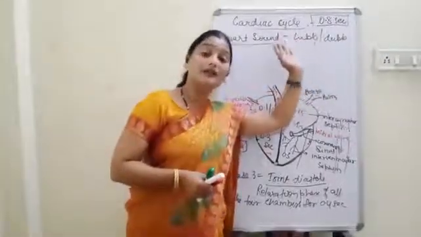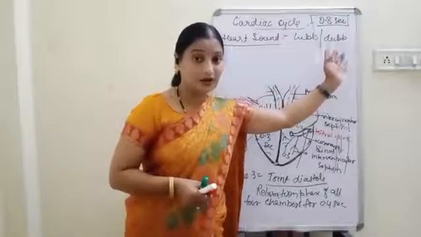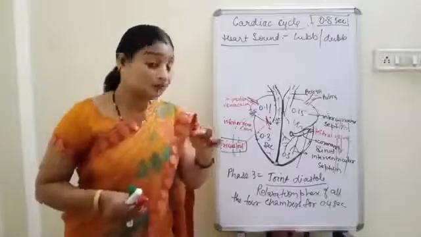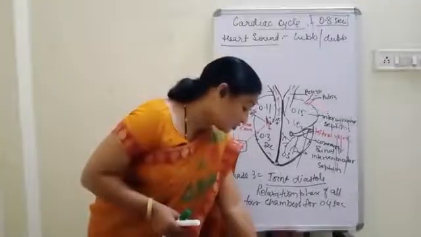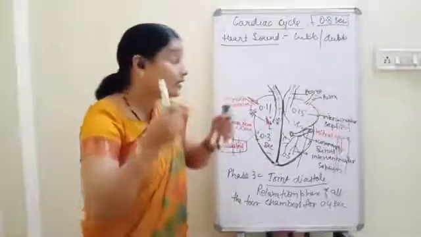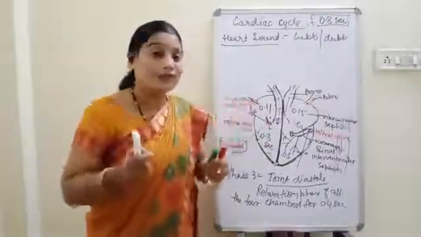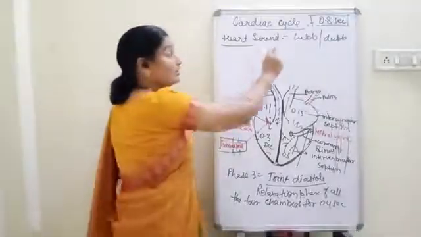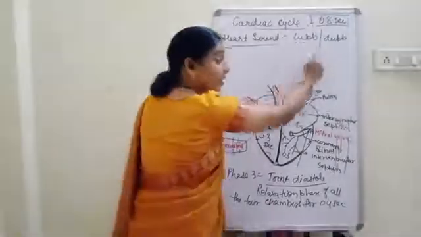The heart sound is lub and dub. Now, with the help of the stethoscope, the doctors check our heartbeat, and they hear some sound, and that is called the heart sound. Now, the heart sound is lub and dub.